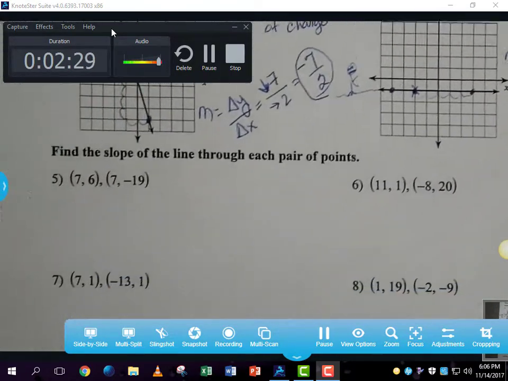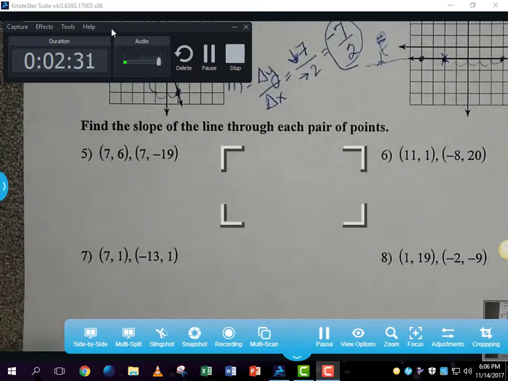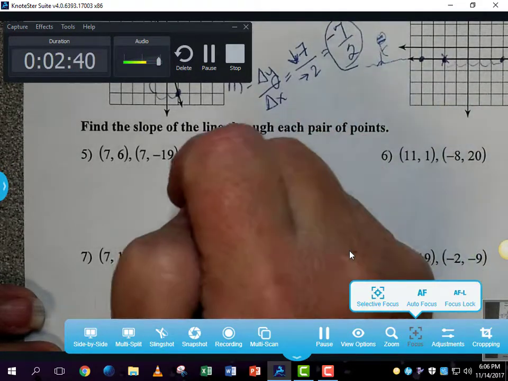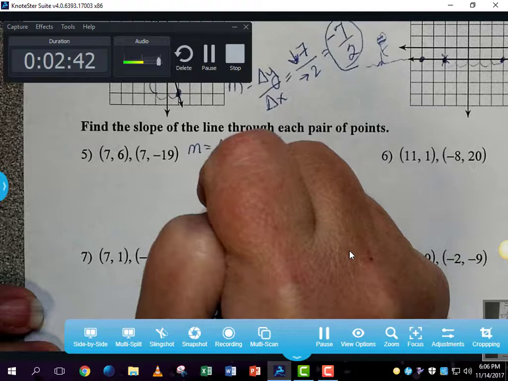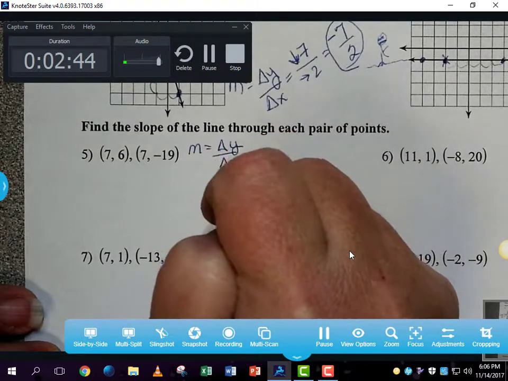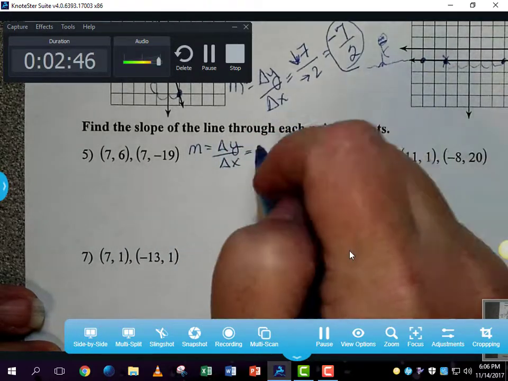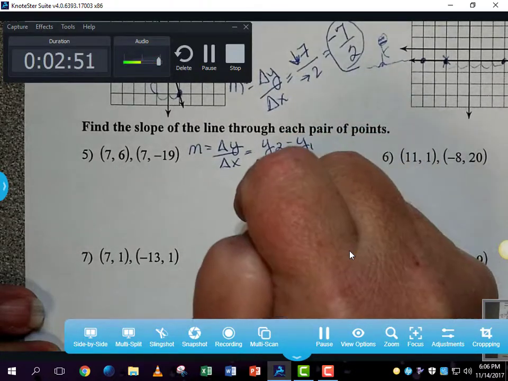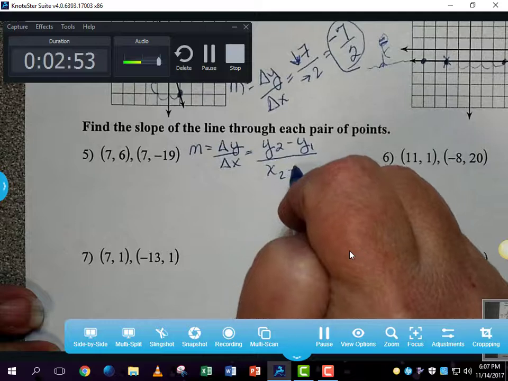All right, number 5. Number 5 is like what you saw a lot of in the Nearpod. This is where it involves that little formula. The slope, which is the change in y over the change in x, is now going to be represented by that formula, y sub 2 minus y sub 1 divided by x sub 2 minus x sub 1.